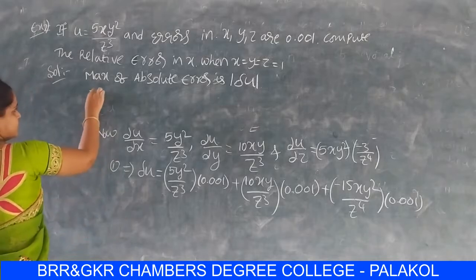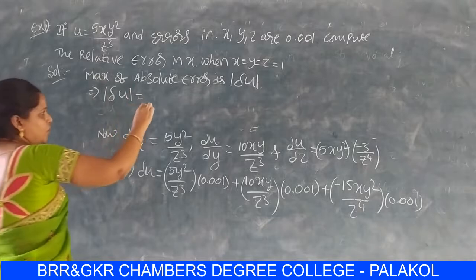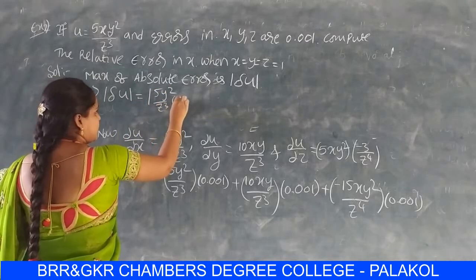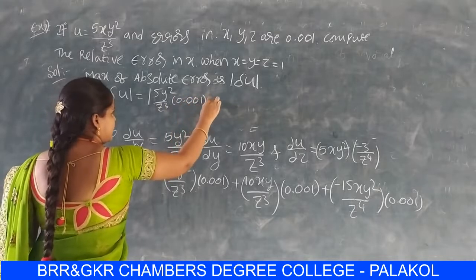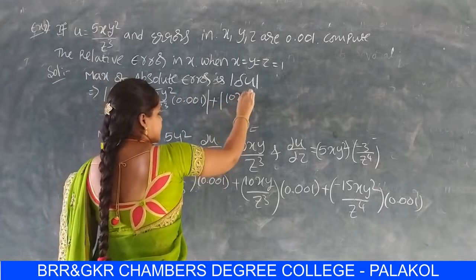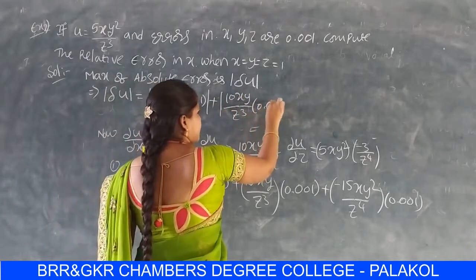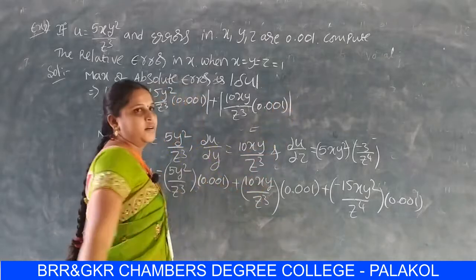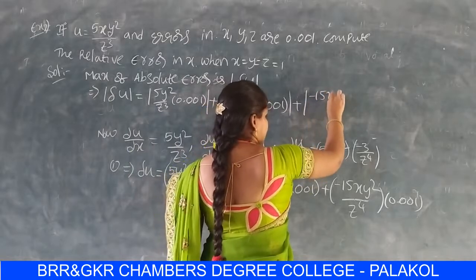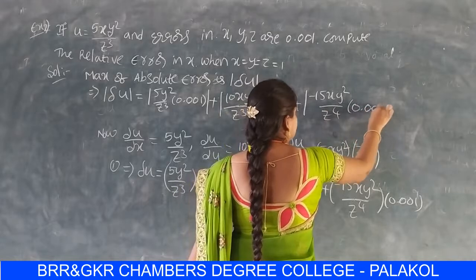Now the modulus of delta u is equal to the modulus of 5y square by z cube into 0.001, plus the modulus of 10xy divided by z cube into 0.001, plus the modulus of minus 15xy square by z to the power of 4 into 0.001.